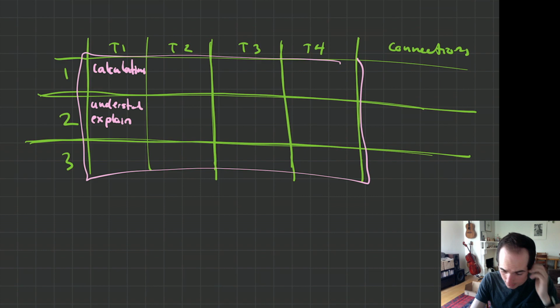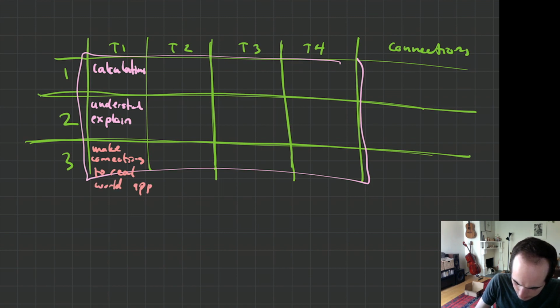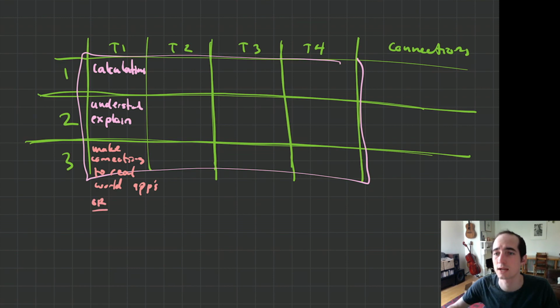To get 3 out of 3 in a topic, you need to have a very deep understanding of it by being able to make connections to real world applications. Not everything has a direct real-world application, and some of them might be a little bit esoteric, like some of the applications we have in math aren't very obvious.